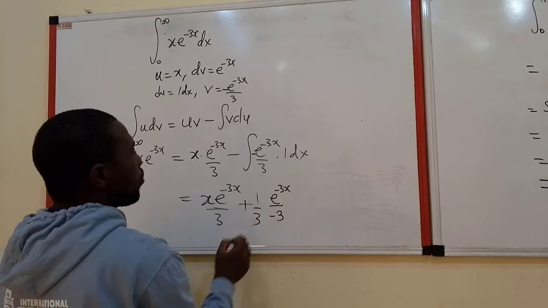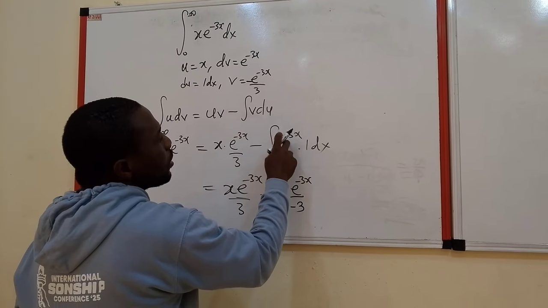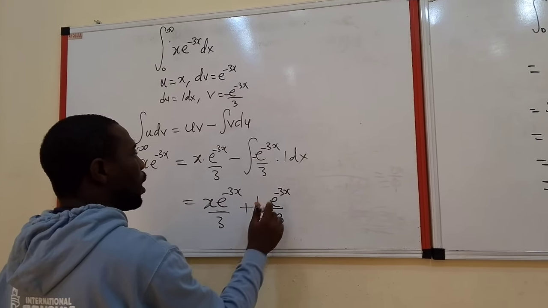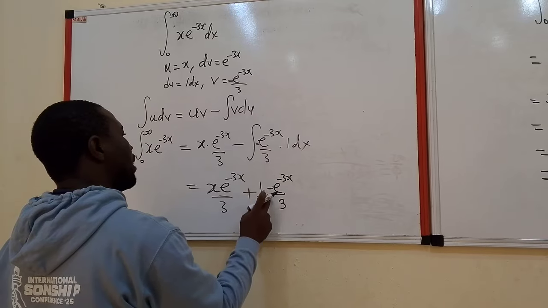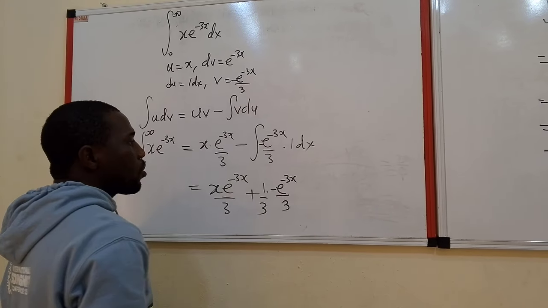But then, if we integrate this one, the result is minus exponential minus 3x over 3. So the next thing is this.